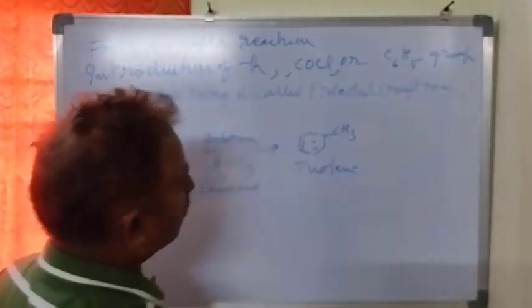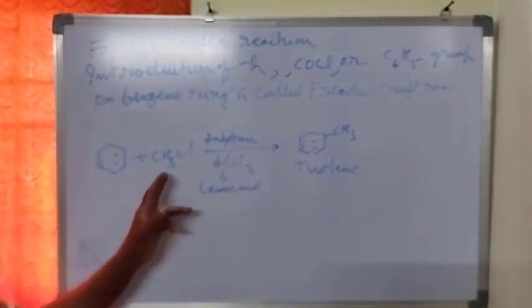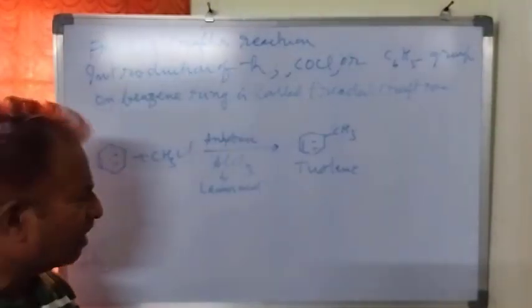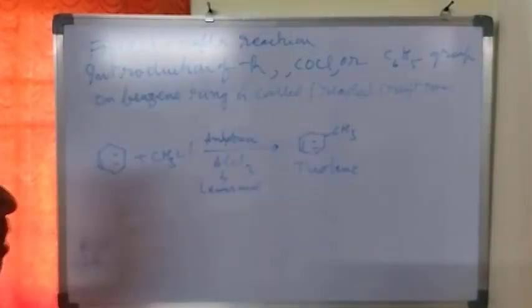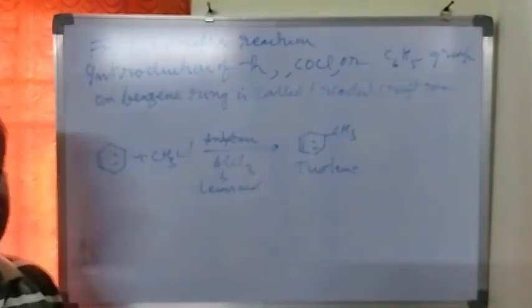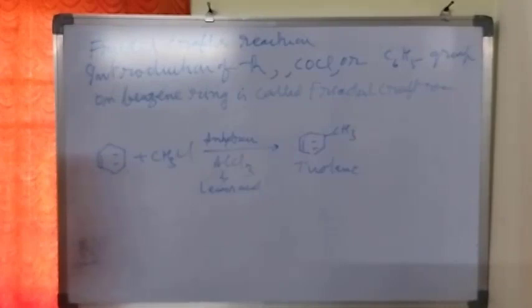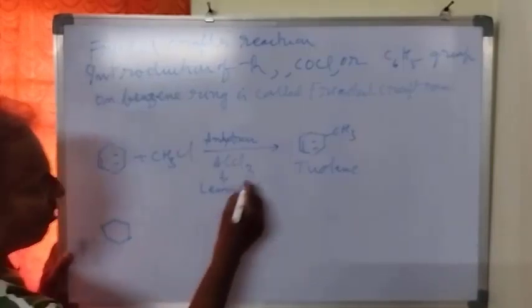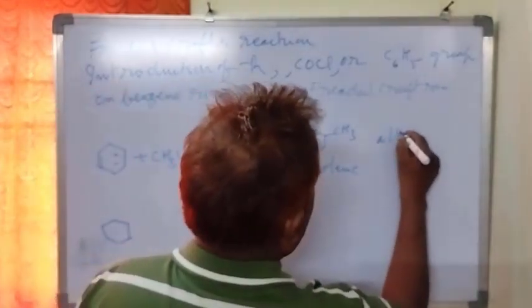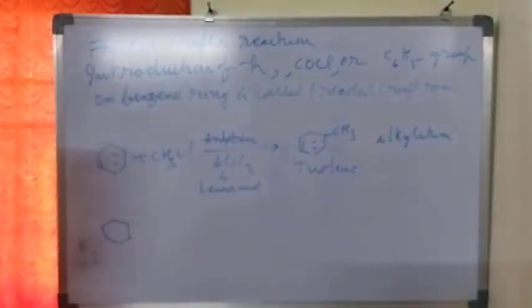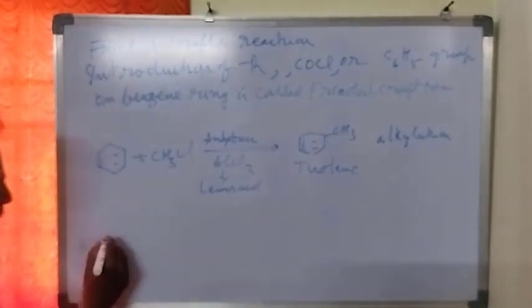Toluene or methyl benzene. So benzene reacts with methyl chloride or alkyl chloride in the presence of anhydrous aluminum chloride. We get alkyl benzene. Here anhydrous aluminum chloride is the electrophile facilitator. It acts as a Lewis acid. This is known as Friedel-Crafts alkylation. Alkylation, because an alkyl group is introduced.